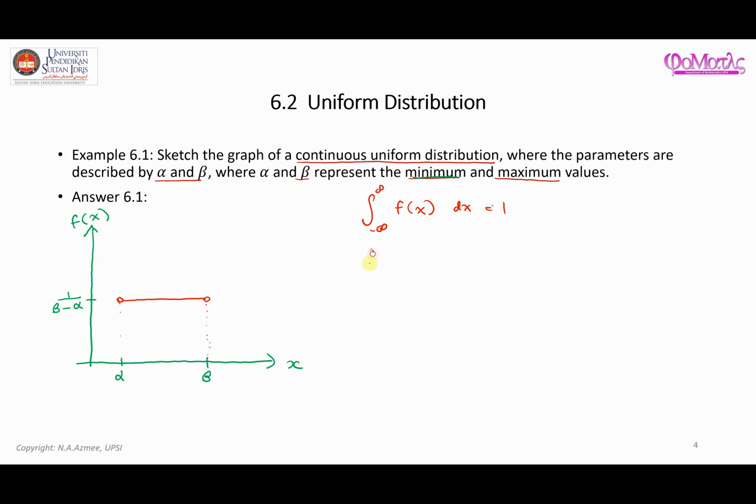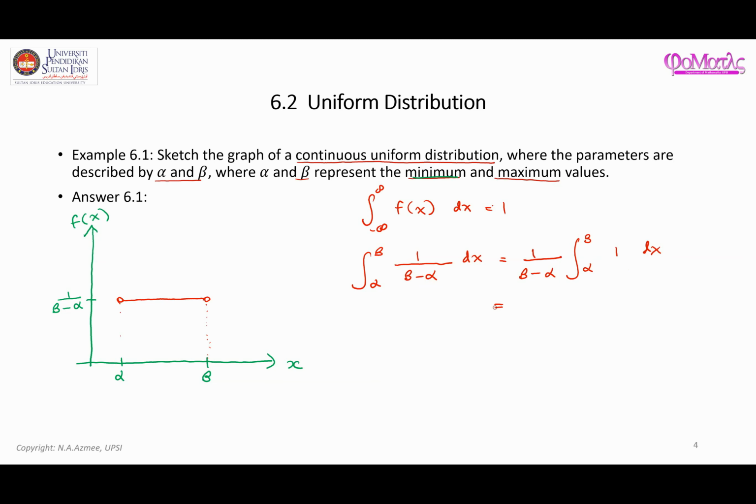In this case, the lower limit is alpha and the upper limit is beta. So if you integrate the function 1 over beta minus alpha with respect to x, this is a constant and you can take it out of the integral. So we have 1 over beta minus alpha, with limits beta and alpha, the integral of 1 dx.